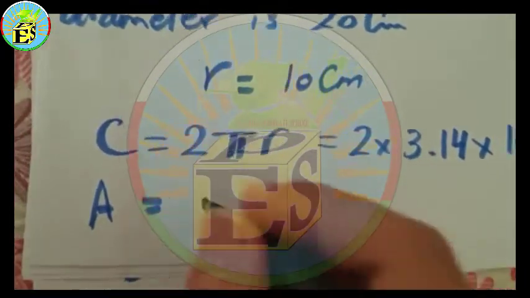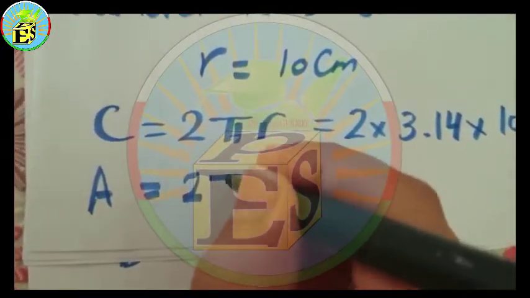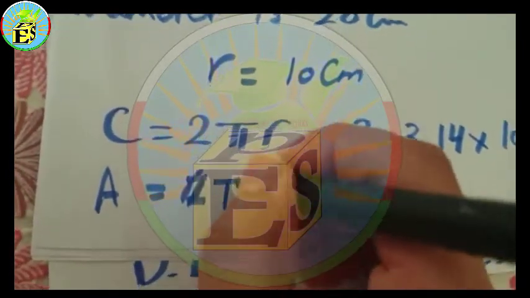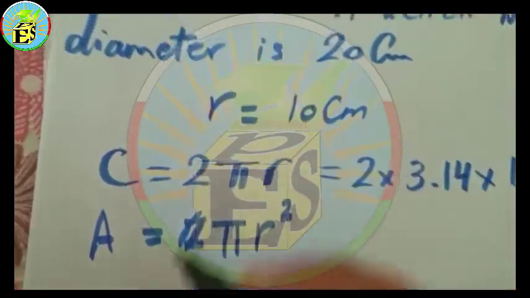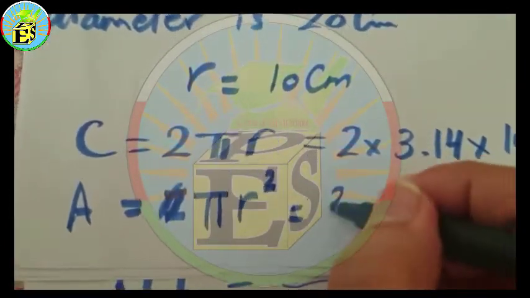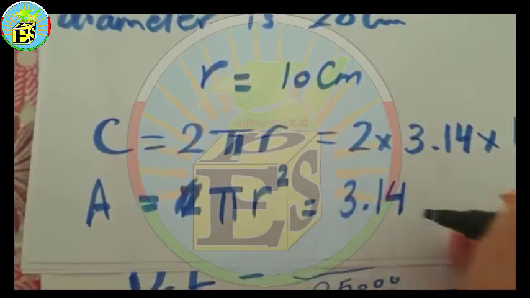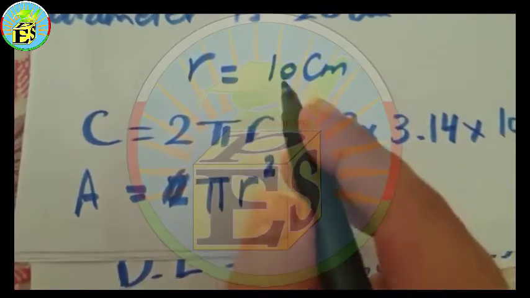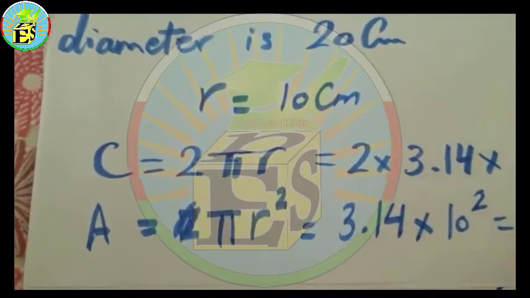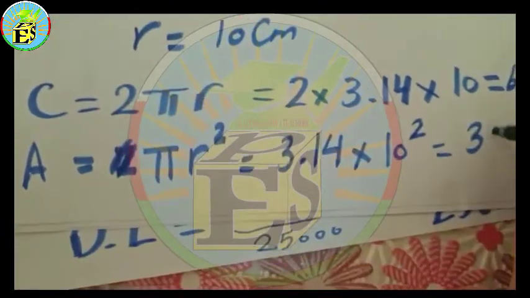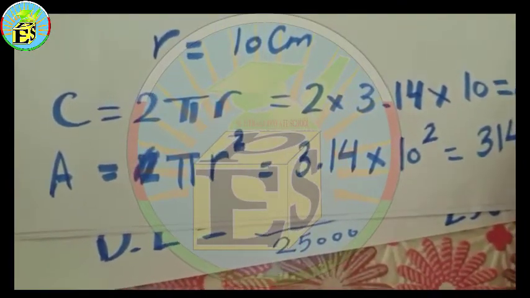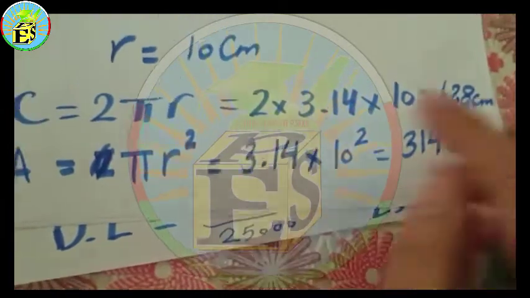Area equals πr squared, 3.14 multiplied by r, which is 10 squared. That will be 314 centimeters squared. Don't forget the square for the area.